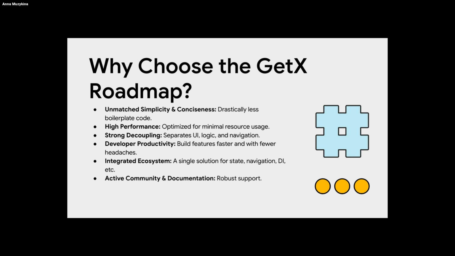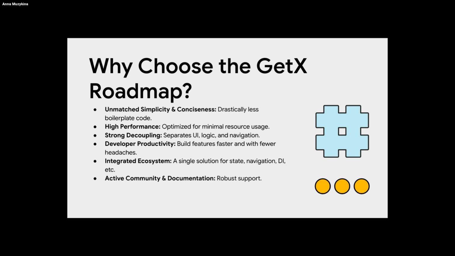It significantly reduces boilerplate code compared to some other solutions. Getting a basic reactive counter or navigation setup is extremely quick. A major convenience is being able to navigate or show snackbars from anywhere. And GetX has a large and active community.